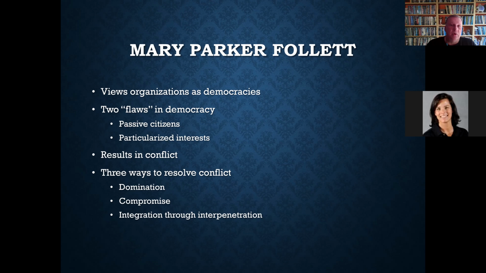You need to make sure that they have the ability to self-govern and that they have the ability to build their own power resources so that they can be capable of engaging in this integration process. So she sees a much more vital and important role for employees in the governance of the organization as compared to Weber, Taylor, and Gulick and the classical school of organization theory.